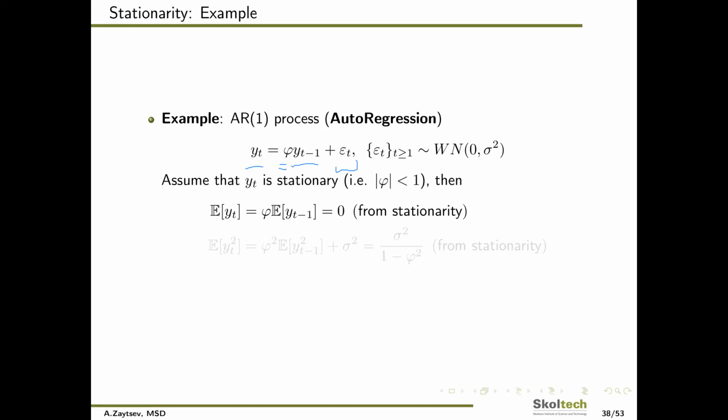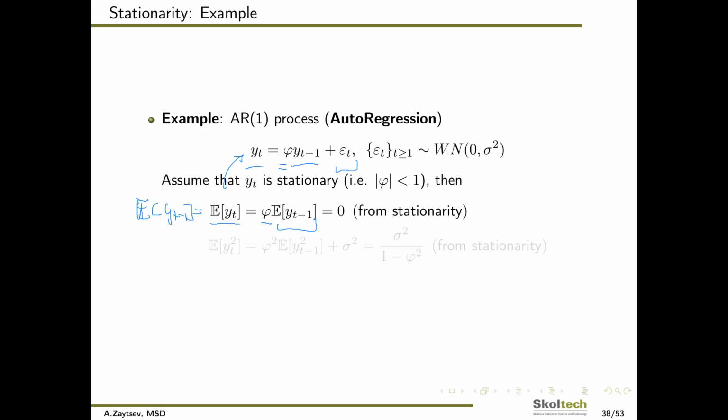For the mean value, we should have equal means for neighboring y's. So we write down the mean value for y_t. It equals phi times the mean value for y_{t-1}. And we need this equality to hold.